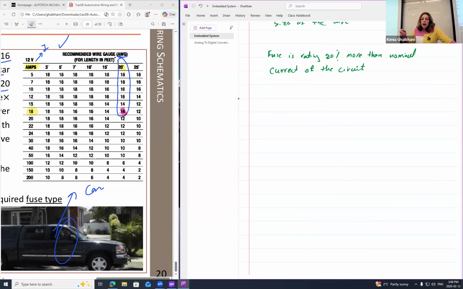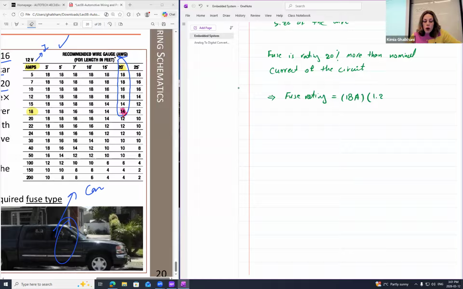Now, I'm going to just solve for it. Therefore, I'm going to say fuse rating equals, what was my current? 18, right? 18 amps. And if I take 20% more, times 1.2, it becomes 21.6 amps. But do I have any 21.6 amp fuse in the market?